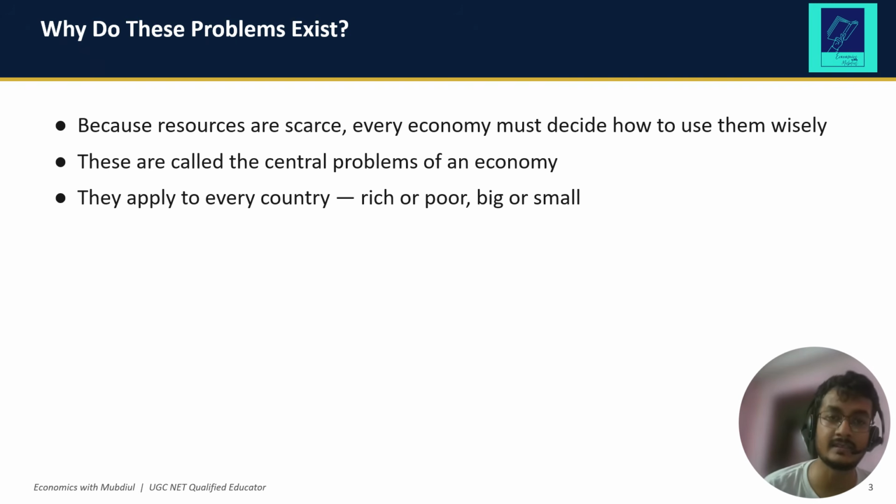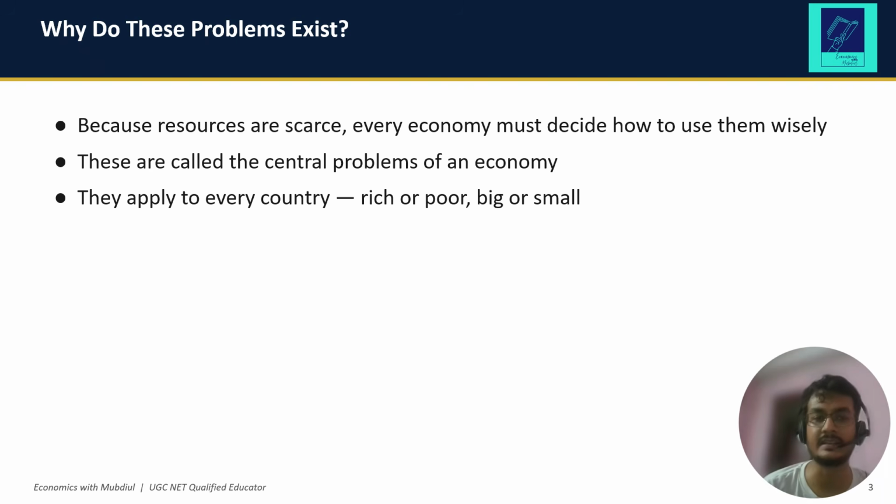Now imagine the same situation at the national level. Instead of rupees 40,000, imagine the government of India preparing the union budget. The government also has limited resources. It collects taxes, it borrows money, it earns revenue, but these resources are still limited. Now think about all the things that the government has to provide.